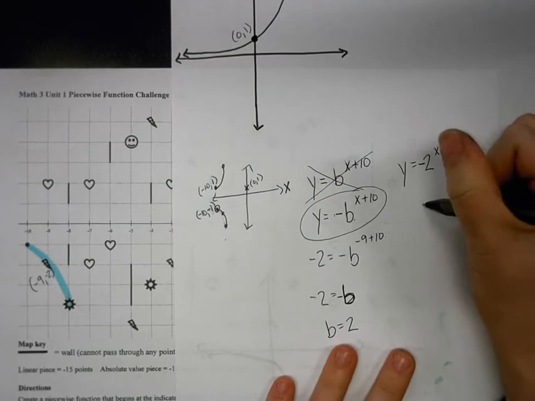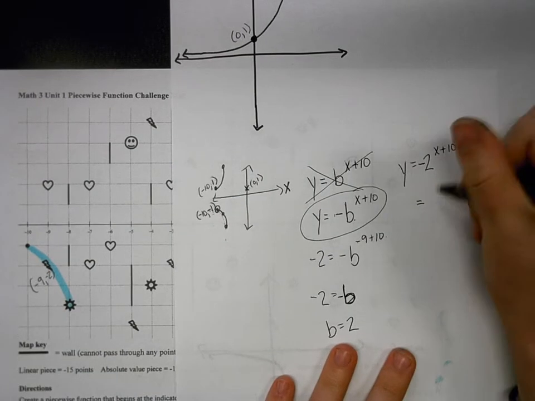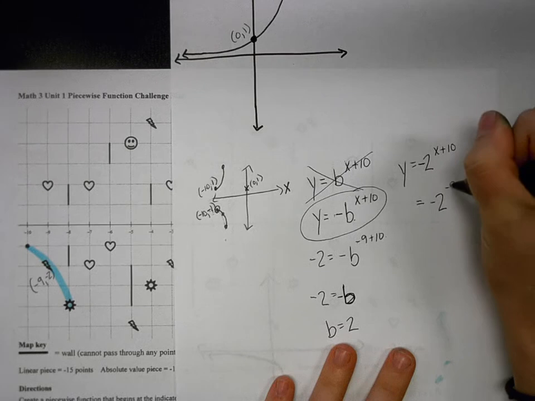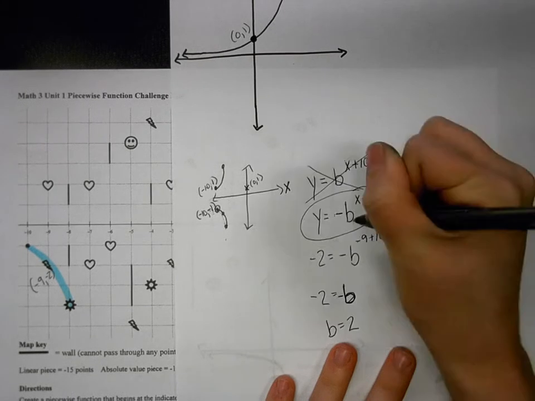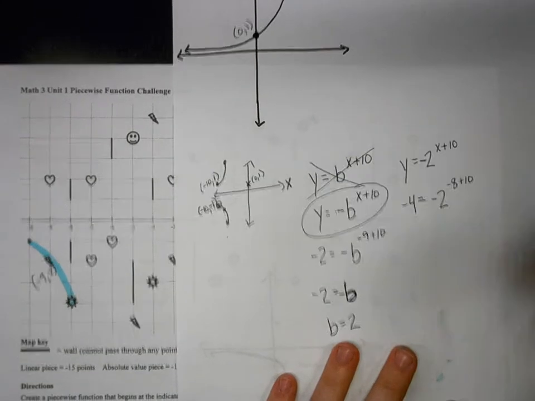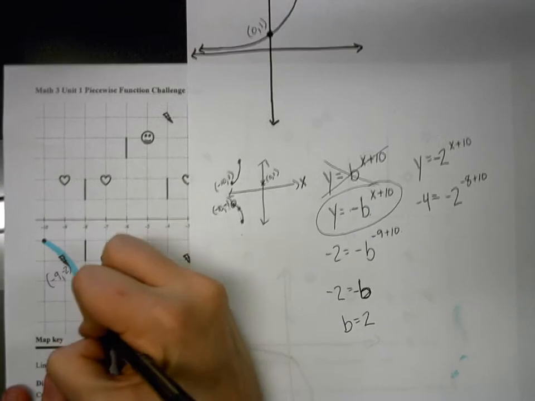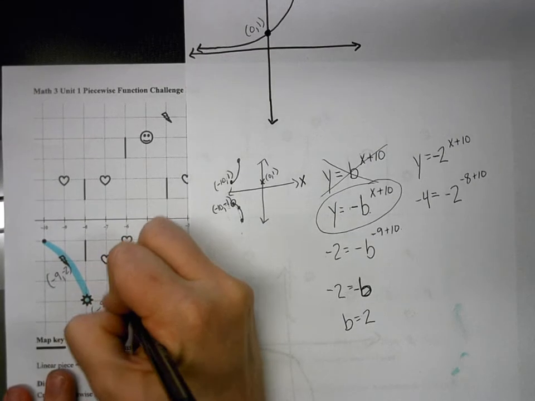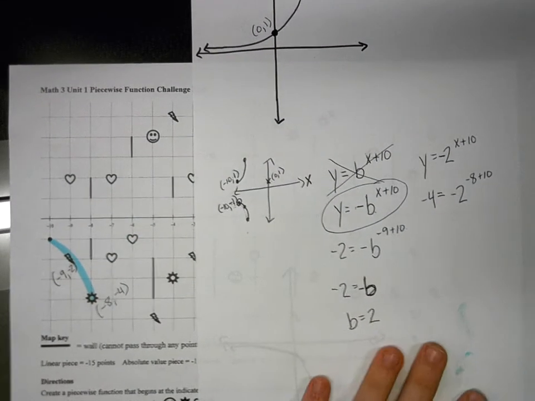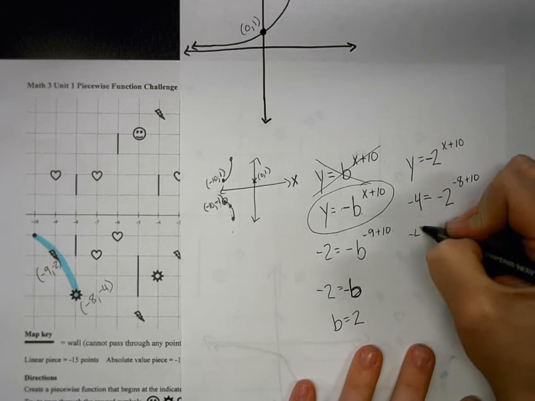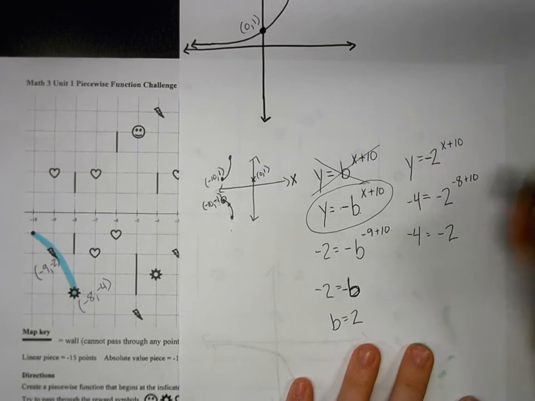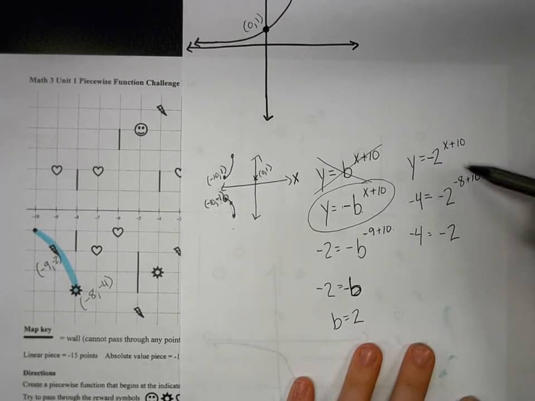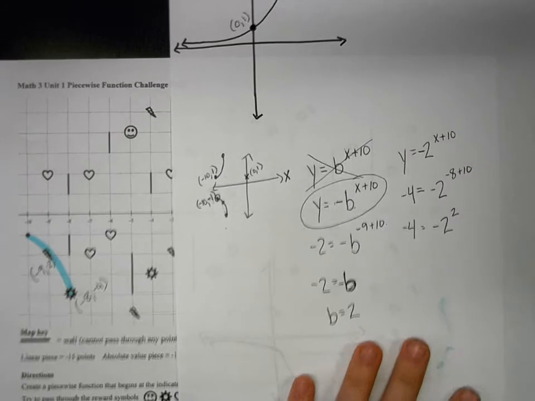So we're going to check that by plugging in -8 for x and -4 for y, because this point is -8, -4. When I do that, I get -2 to the 8 plus 10, which is 2.